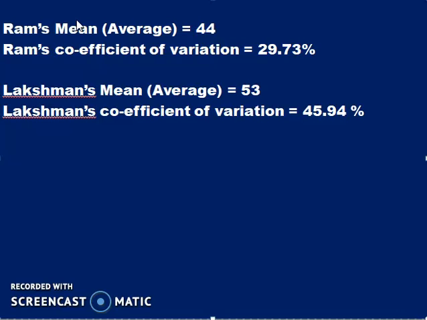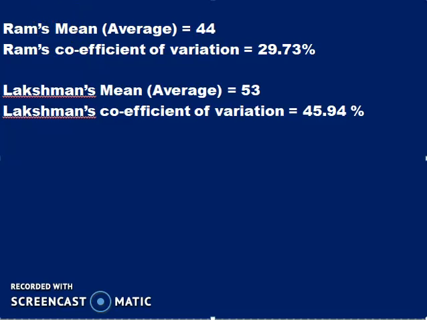Here we can say that Ram's coefficient of variation is less compared to Lakshman's. So we can say that Ram is more consistent than Lakshman.